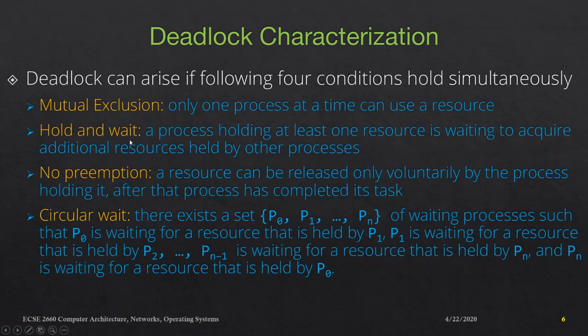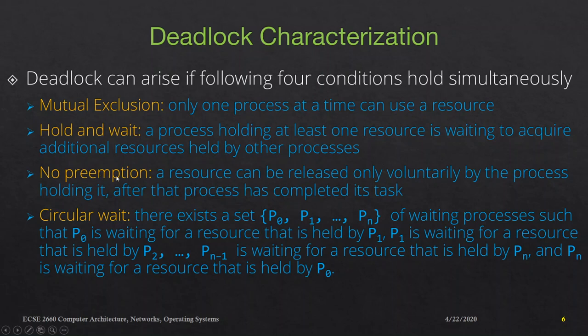And if it is true, clearly you can see that the chances of a deadlock will increase. It is not guaranteed though, because the other processes may be able to finish and release the resource, which can then be used by the current process, so it will be able to make progress. So this is not guaranteed. However, the chances of a deadlock will increase if there is a hold and wait condition.